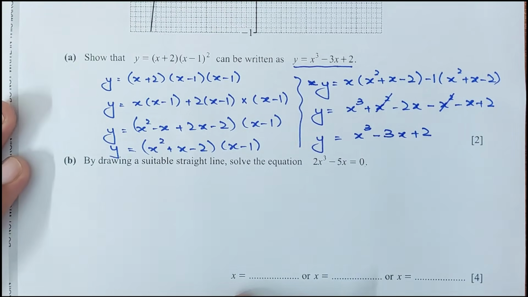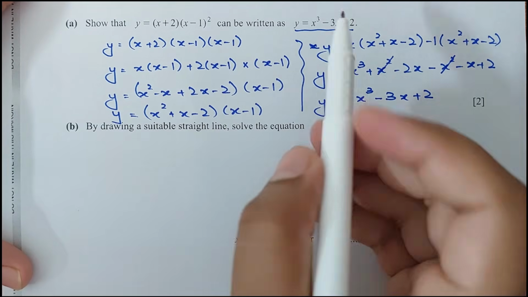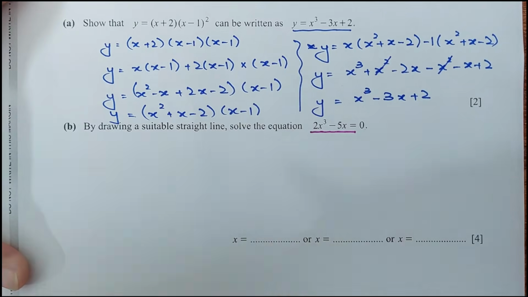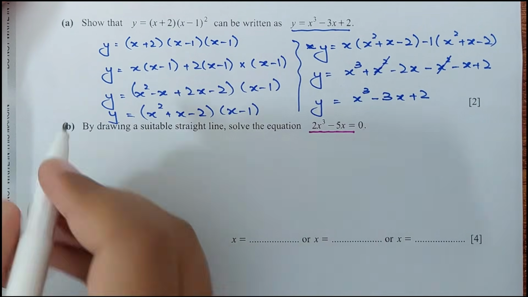Part B, by drawing a suitable straight line, solve this equation. Okay, let's make that suitable straight line. So we have this equation and we have to use this one. What we're going to do, let me take 2 common.